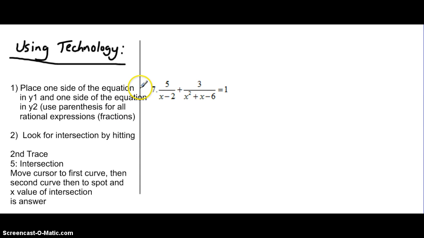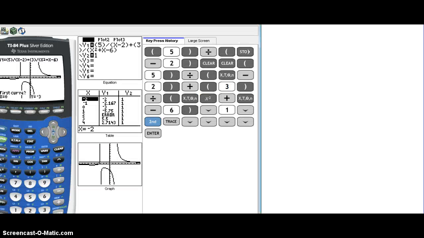So you're going to place one side of the equation in y1. So I'm going to put this left side here of the equation in y1, and then the other side of the equation into y2. So it's just going to be 1. Anytime you have rational expressions, you must use parentheses as you put them in. Then we're going to look for the intersections by hitting these steps, and I'm going to go ahead and pull up my calculator here.